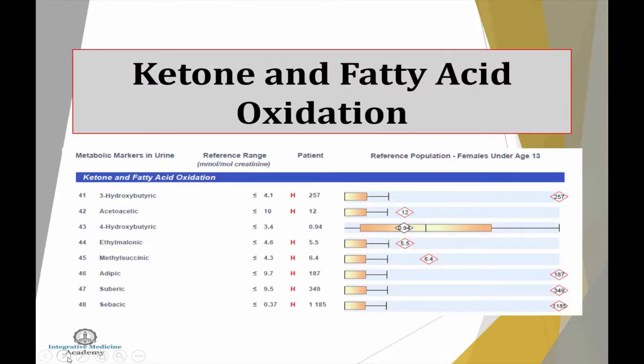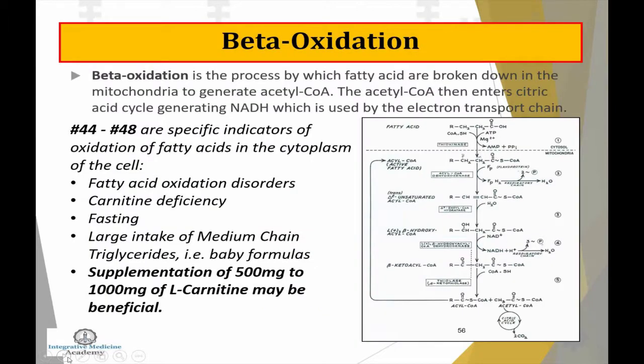The ketone fatty acid oxidation section. Most of the time, what you get is some mild elevations of these specific markers. Severe elevations might indicate some type of metabolic disease process.